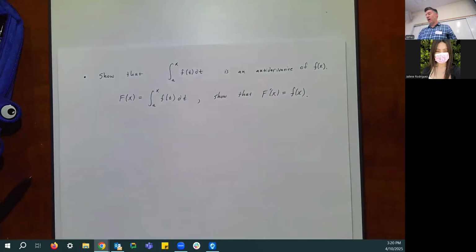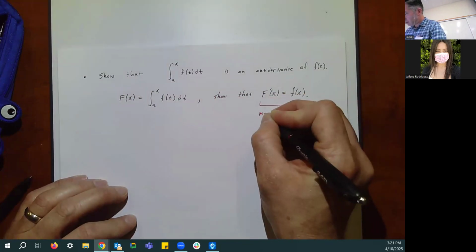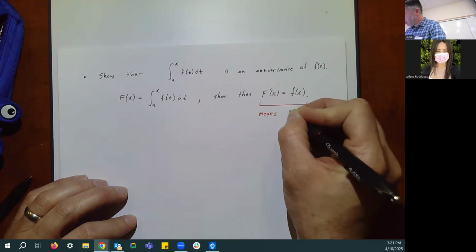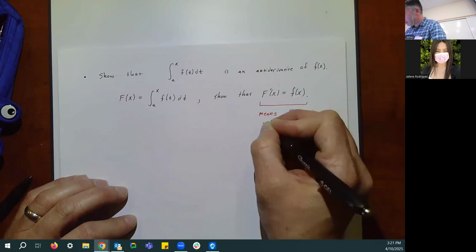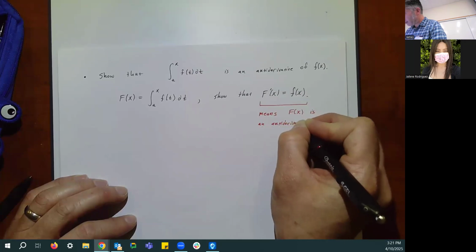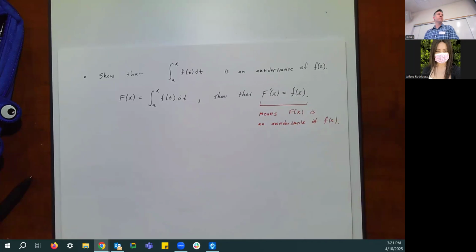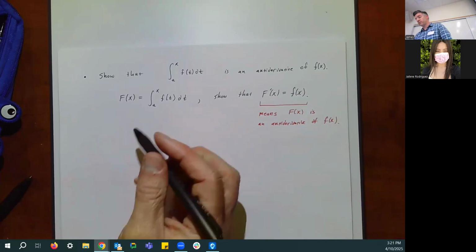This means that capital F of x is an antiderivative of little f of x. And there's really not a better way of writing it. Well, let's write it like this.